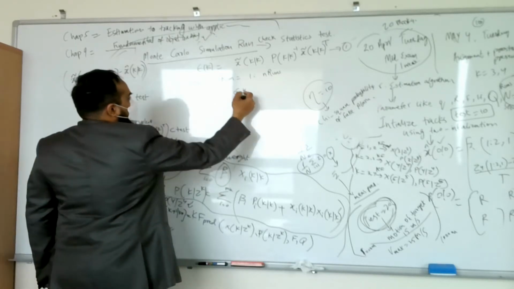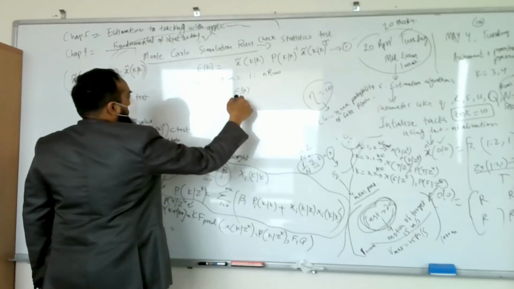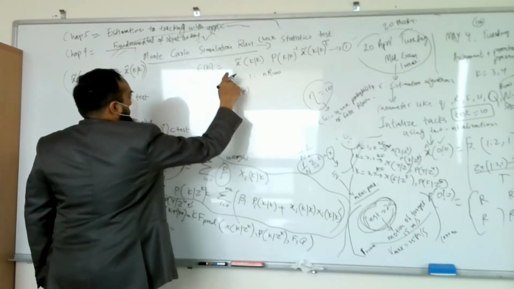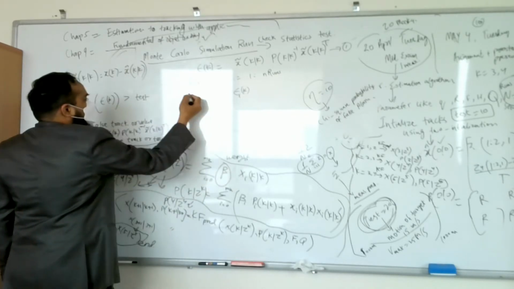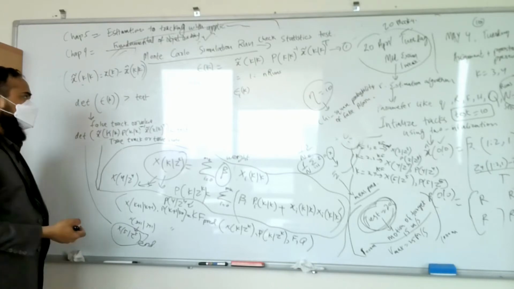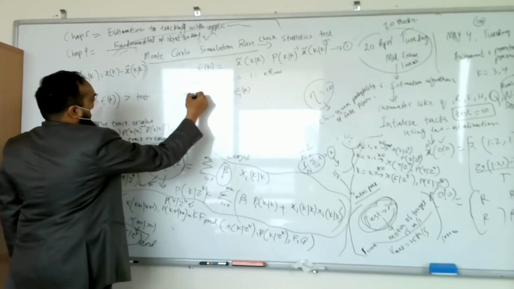You have to calculate all. For example, this is I, this is I, and set any variable error.